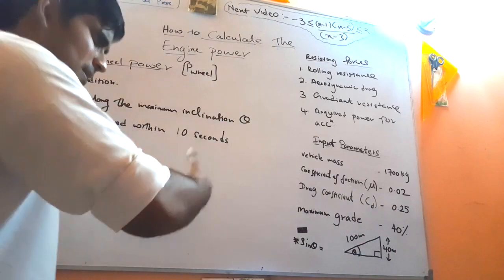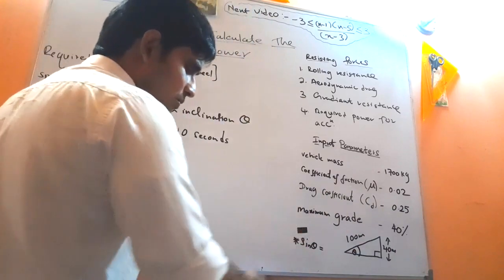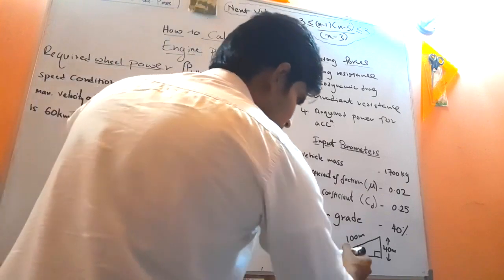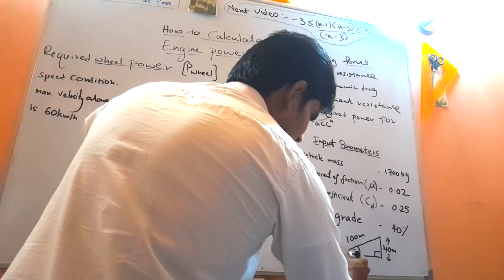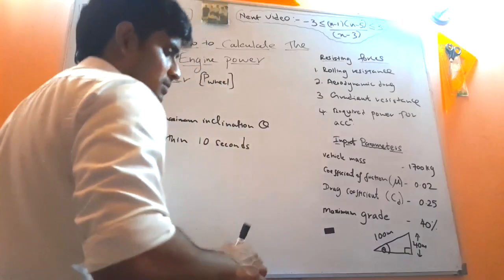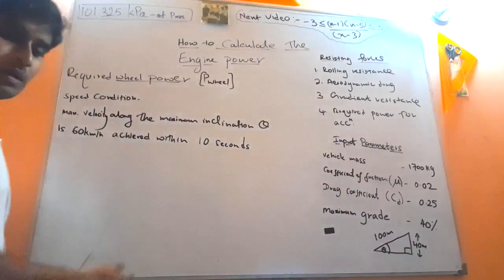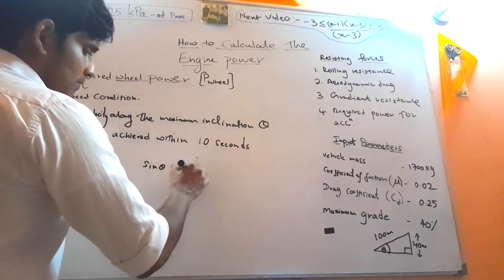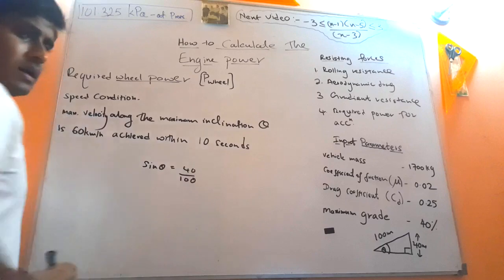From that we can form a relation: sin theta equals 40 divided by 100.